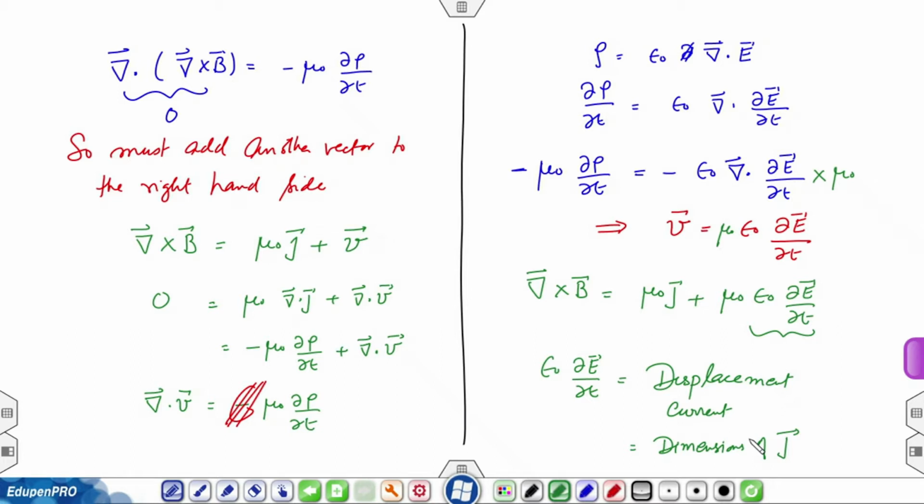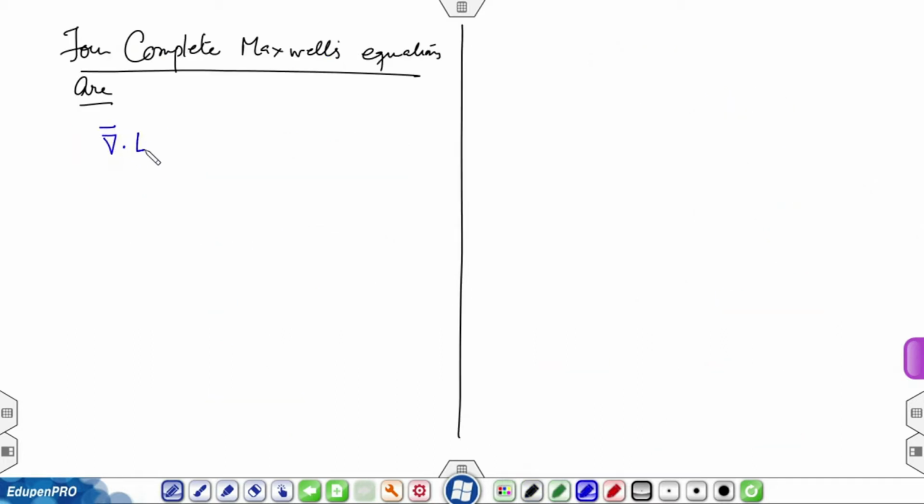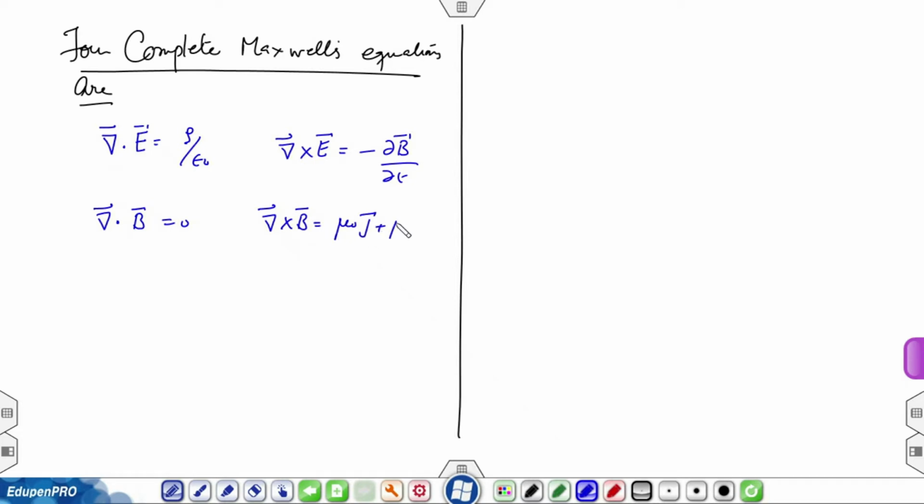So, our 4 Maxwell's equations now are: divergence of E is equal to rho over epsilon 0, curl of E is minus dB by dt, divergence of B is equal to 0, and curl of B equals mu 0 J plus mu 0 epsilon 0 dE by dt.